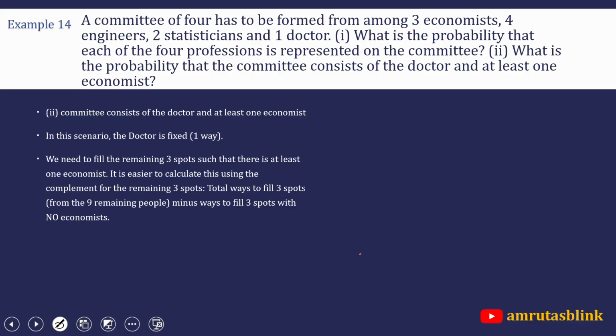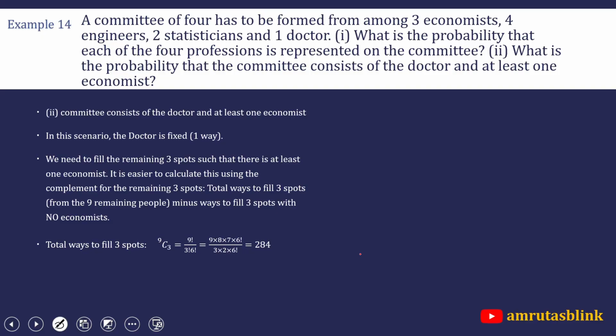But here one more condition is added, that we cannot choose any economist because we are using the complementary approach. So n of S in this case we need to calculate. What is this n of S? That is 9C3, which is equal to 9 factorial upon 3 factorial into 6 factorial, that is 9 into 8 into 7 into 6 factorial upon 3 into 2 into 6 factorial.